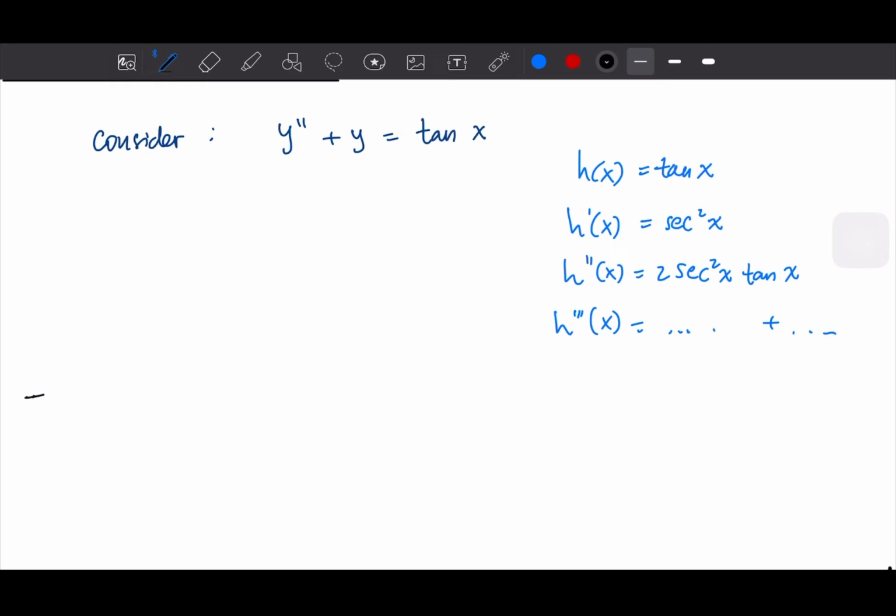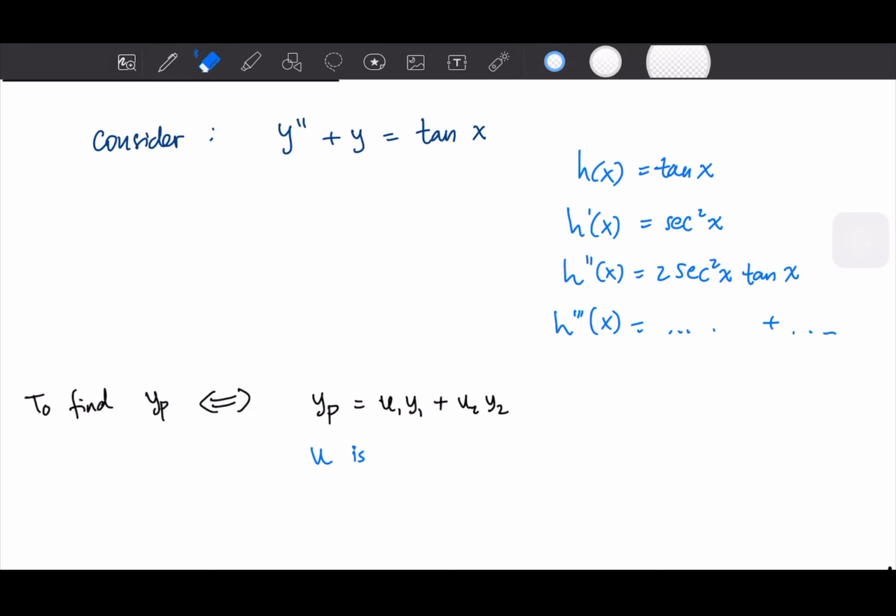To find yp, we are going to introduce yp in terms of the help from other functions. Let's say u1 y1 plus u2 y2. So u is another function, or maybe u is a function.